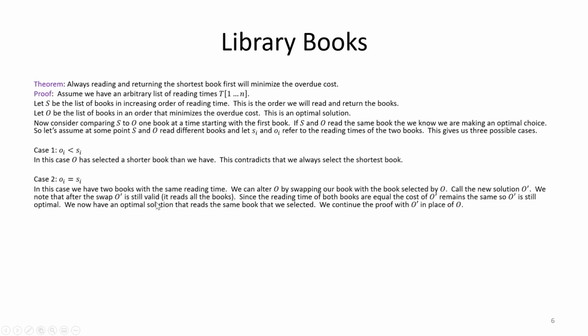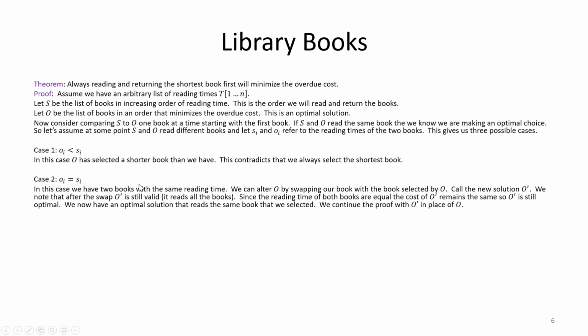That's point one. Point two is we want to argue it's still optimal. Well, since the reading time of both our books is the same, if we computed the cost of our two solutions, the cost would be the same. So if O had an optimal cost, then O prime must also have an optimal cost.